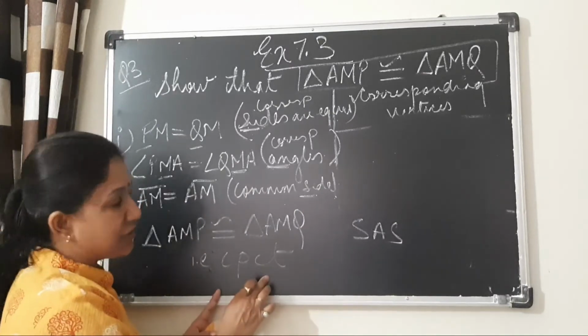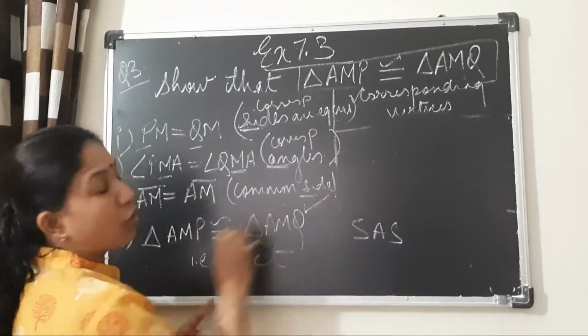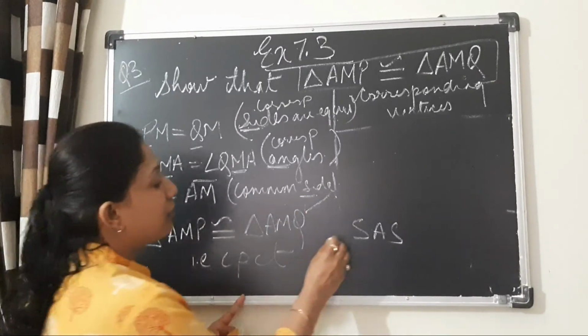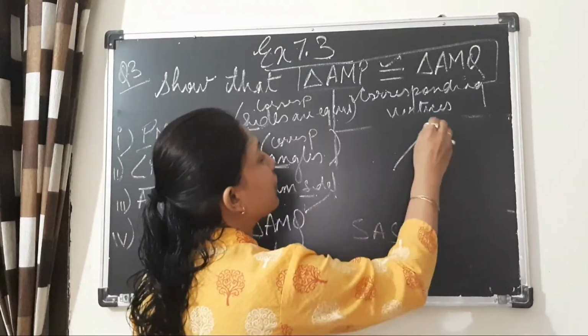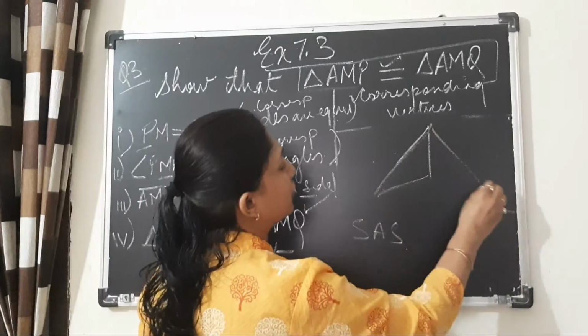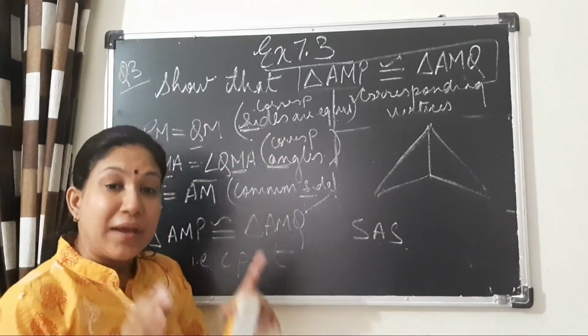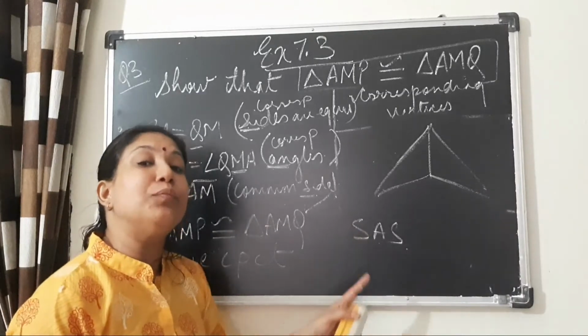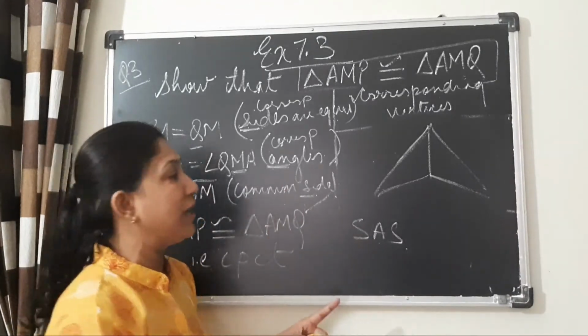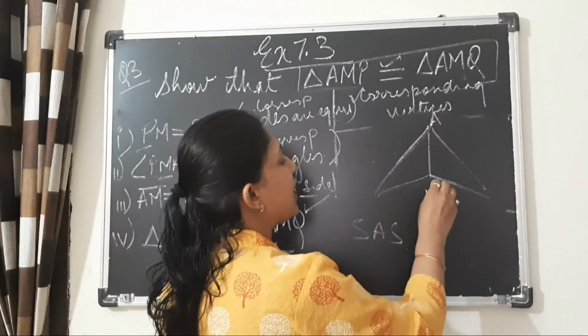Also check the rule: if there are two sides and one angle, the angle should be included between the two sides.